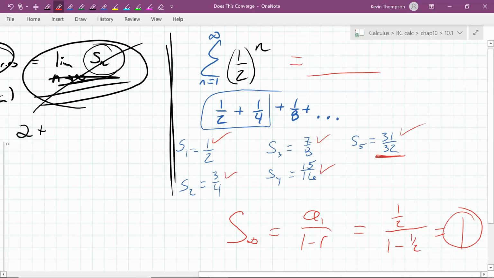So notice that the partial sums are approaching the value for the limit. And that's not happening in the other problem, right? Our partial sums are 2, 0, 2, 0, 2, 0, 2, 0, 2, right? It's not approaching anything. So if the partial sums don't approach a value, then they don't converge. There is no limit to that.